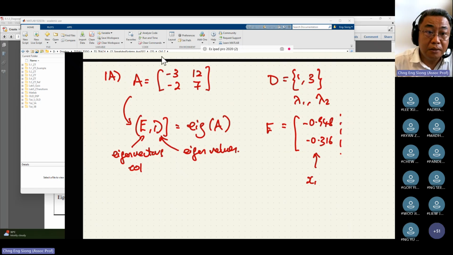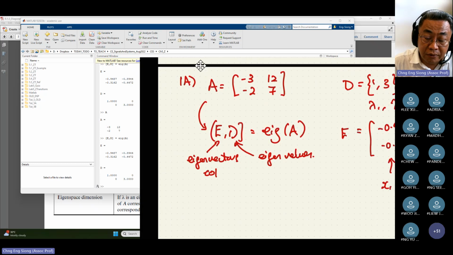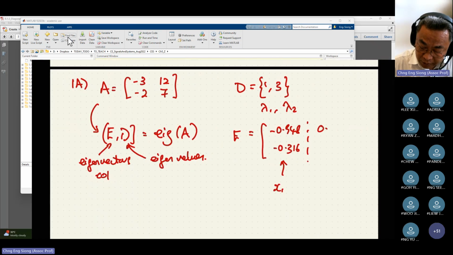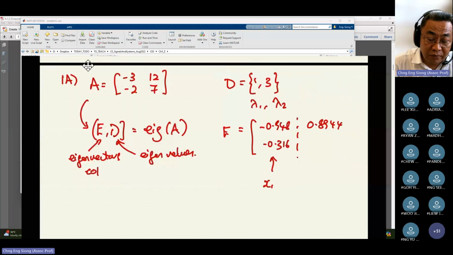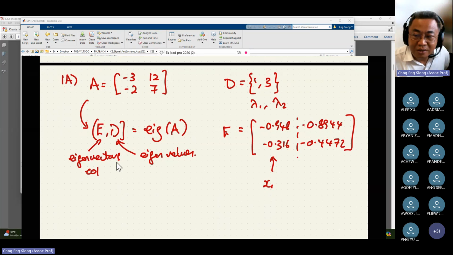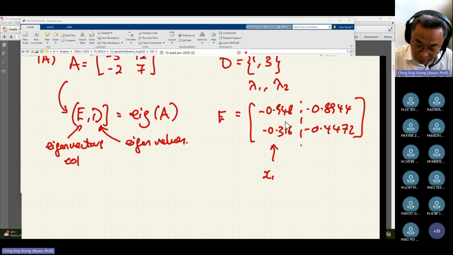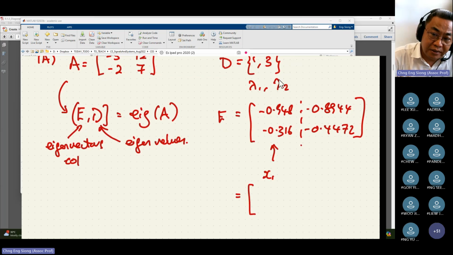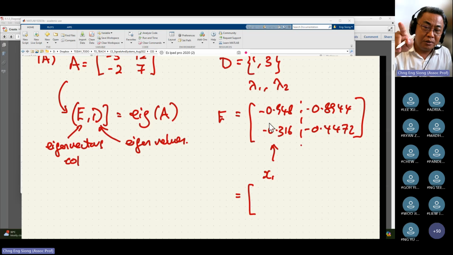The other one is 0.8944 and minus 0.4472. Now, guys, these numbers don't make sense. But if I write it in another form, remember, the vectors are normalized. It is pointing to a direction with norm 1.